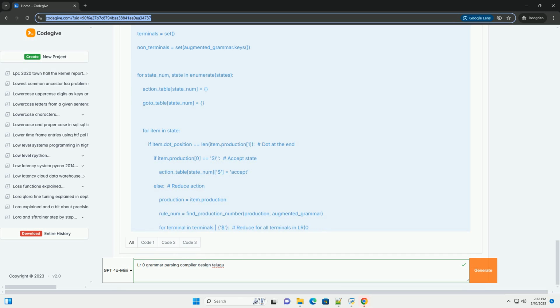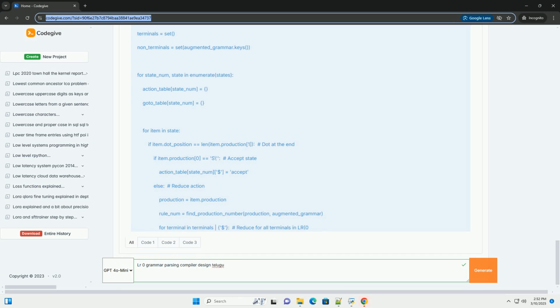Even though LR(0) is limited, it's a good starting point for understanding parsing concepts. It's also used in situations where the grammar is simple enough to avoid conflicts. Learning LR(0) is like learning the basic alphabet before you learn to write complex sentences.